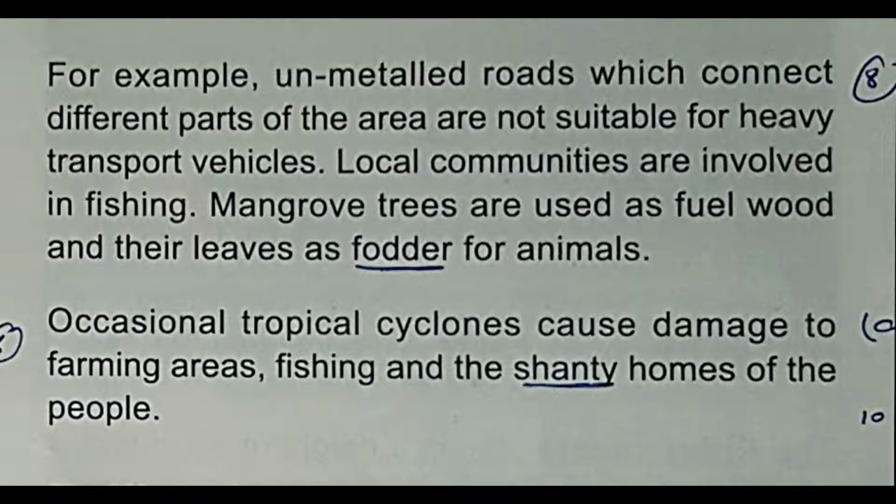Another important feature of this area is poor infrastructure and undeveloped roads. The undeveloped roads make it difficult to transport heavy vehicles, and the fishing industry is also affected by the unmetalled roads and poor network of roads.